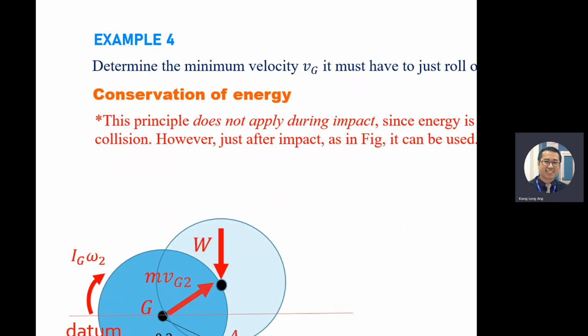So this principle does not apply during impact since energy is lost during the collision. However, after impact, as in the figure, it can be used. So we can see during, before, and after. The dark blue is the before. Then the one on top of A is the after.